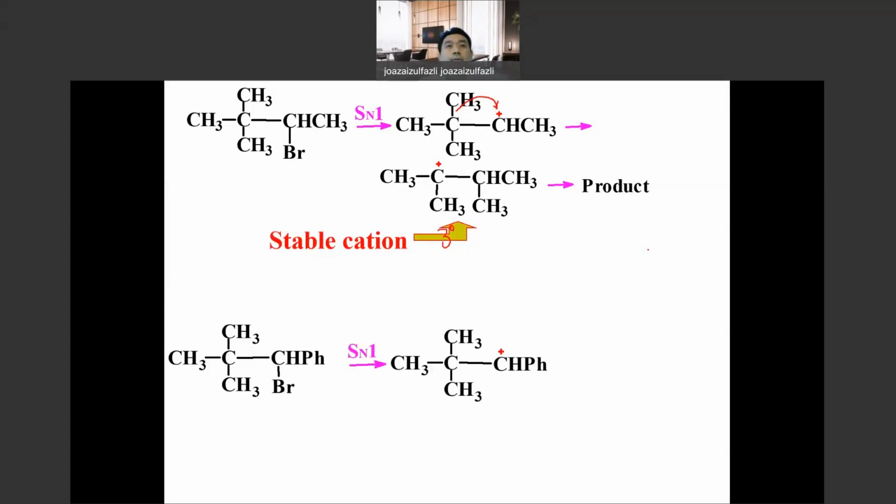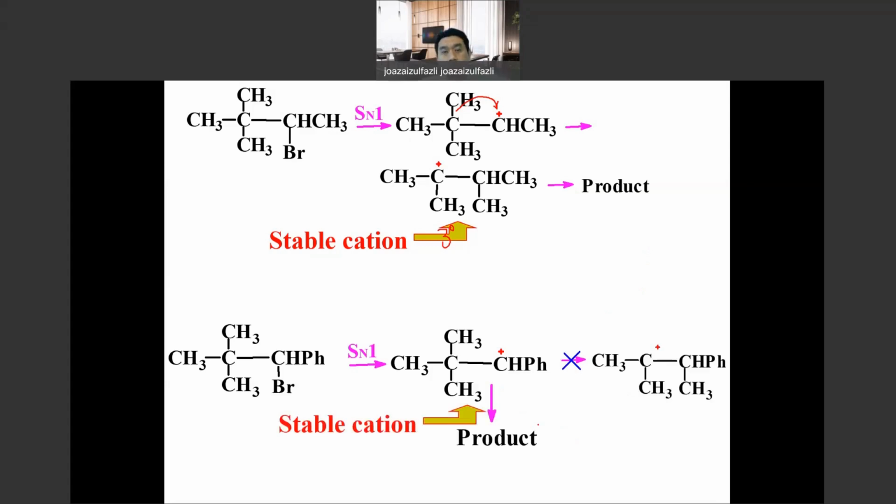This is another example. It forms a secondary carbocation, but in this case it does not form tertiary. Why? Because this secondary carbocation is special, as it is next to the benzene ring.